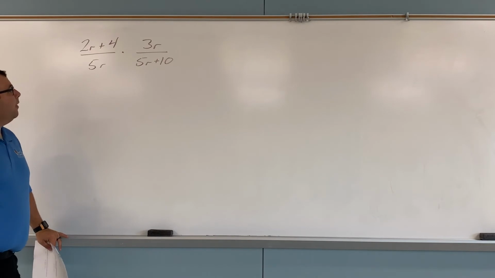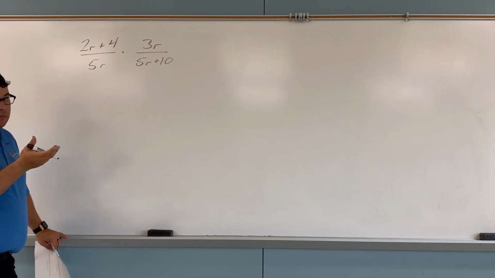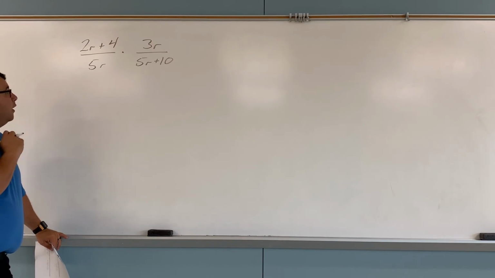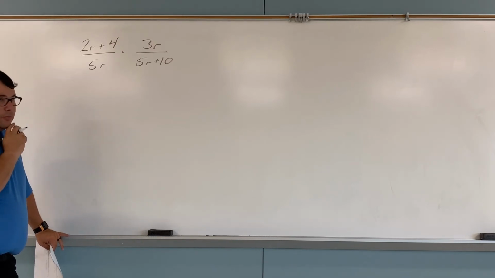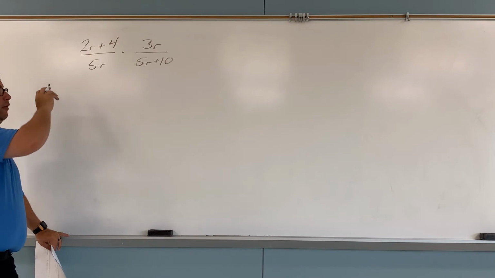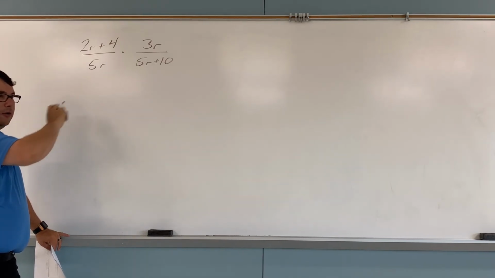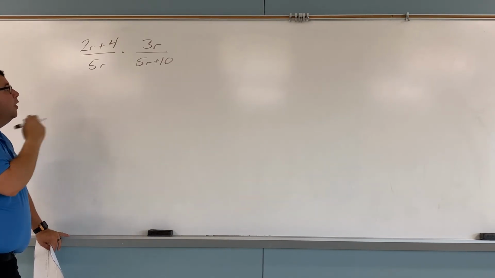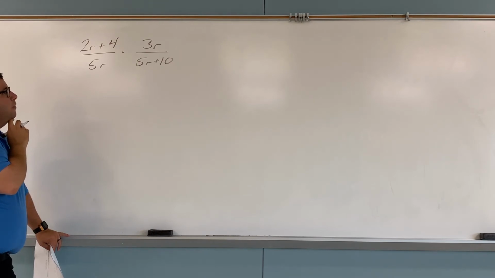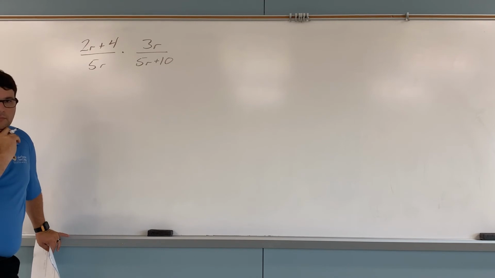All right, so what am I looking at here? I've got two fractions, right? They are in a product with each other. So remember, whenever you're multiplying fractions, technically you're going numerator to numerator, denominator to denominator. But here's my question. Can I factor this anywhere?